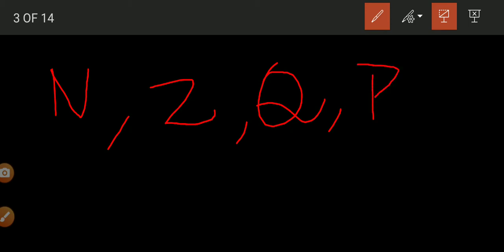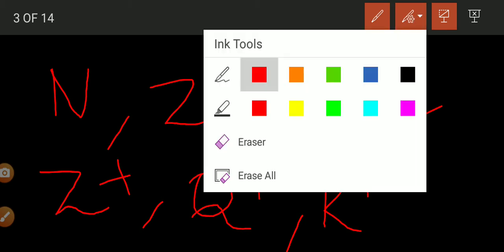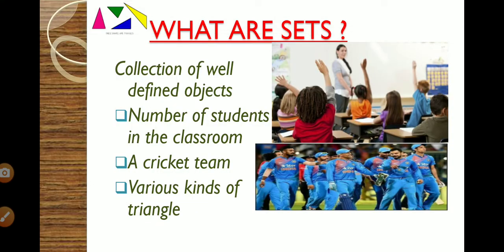R is the set of real numbers. Z plus is the set of positive integers. Q plus is the set of positive rational numbers. And last is R plus, the set of positive real numbers.